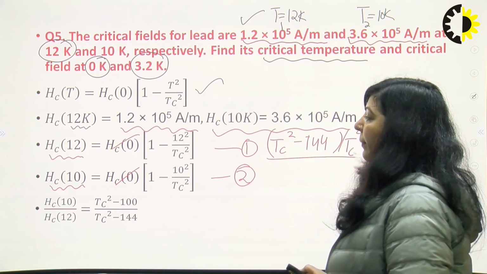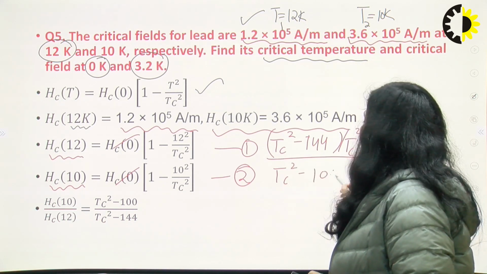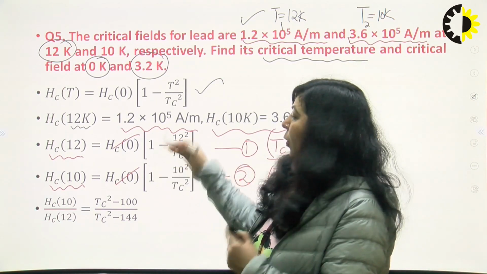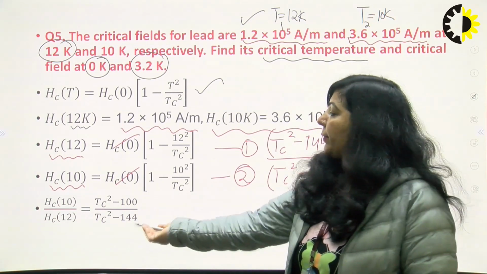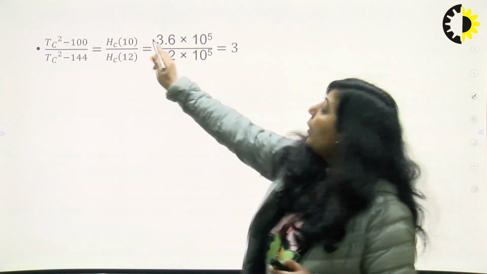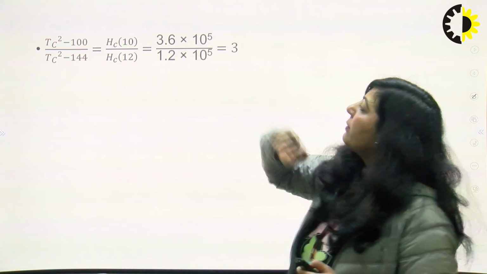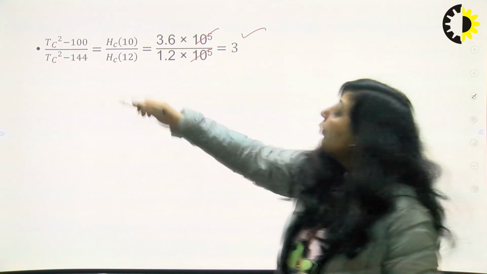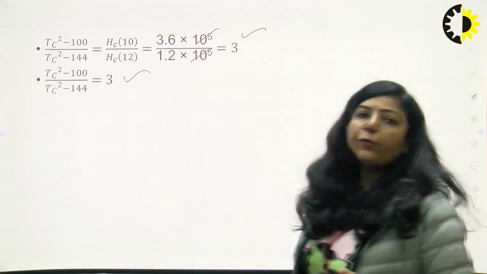So when you divide equation 2 by 1, you get Hc10 upon Hc12 as Tc square minus 100 divided by Tc square minus 144. You have Hc10 as 3.6 into 10 raised to power 5 and Hc12 as 1.2 into 10 raised to power 5. These two give you only the value 3. So you have Tc square minus 100 divided by Tc square minus 144 as 3.